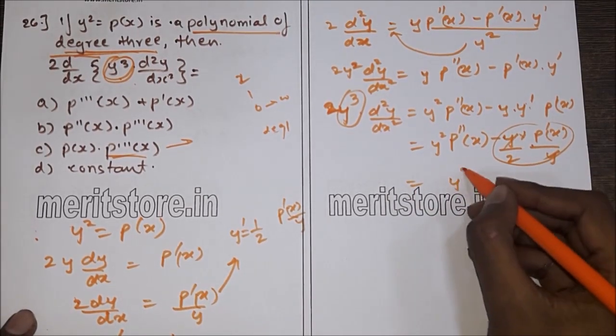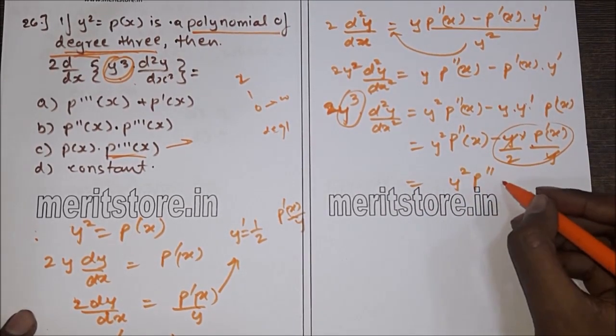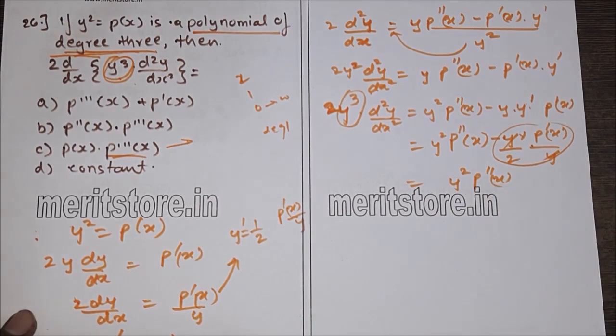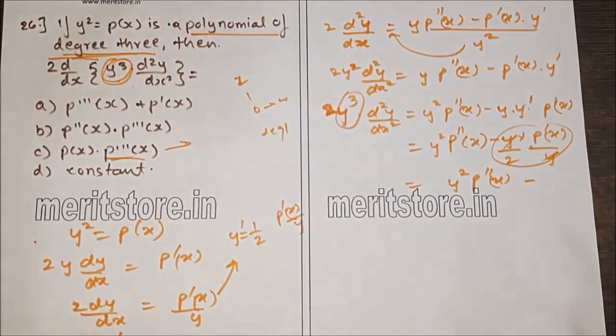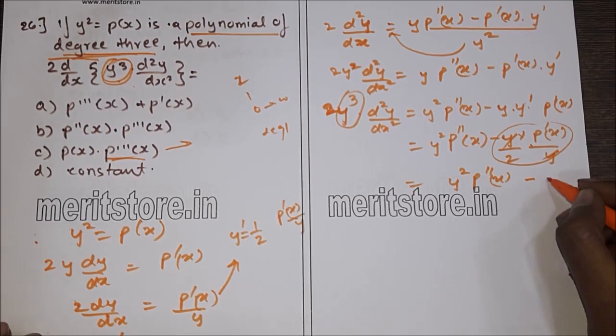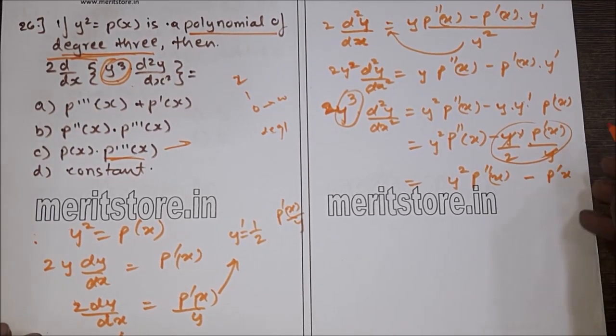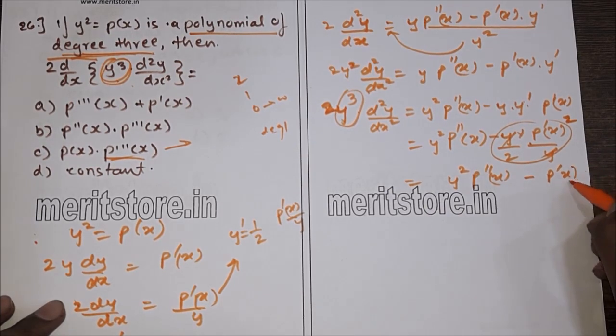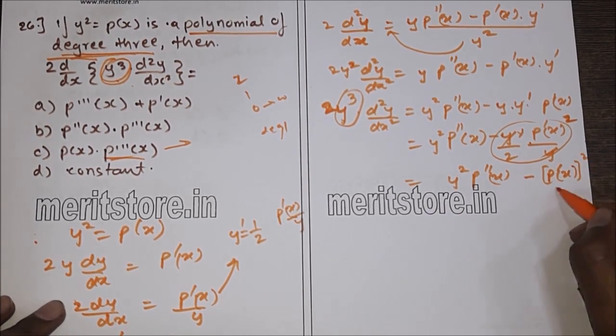We are left with y square p double dash of x minus p dash of x, this is square, so p dash of x the whole square by 2.